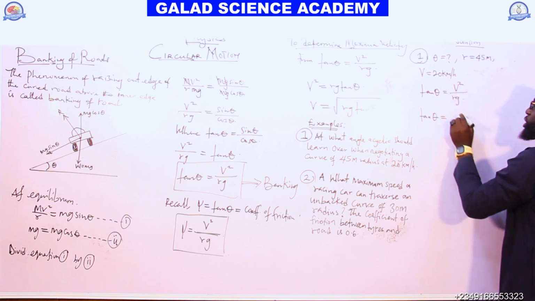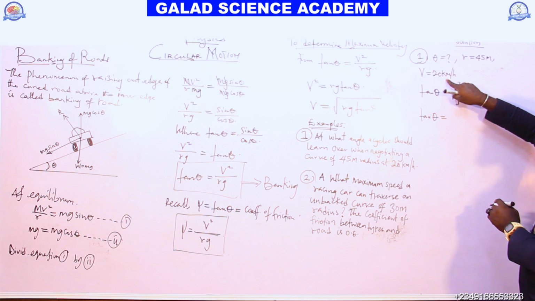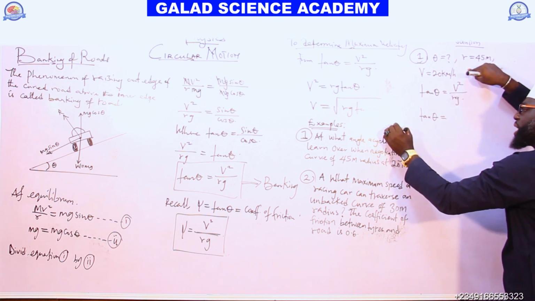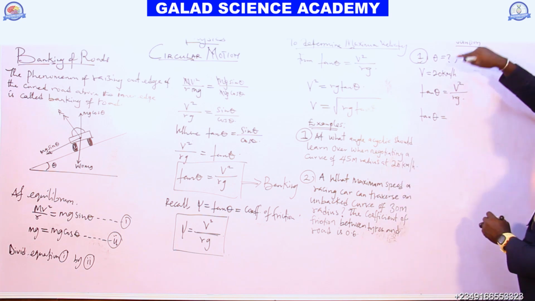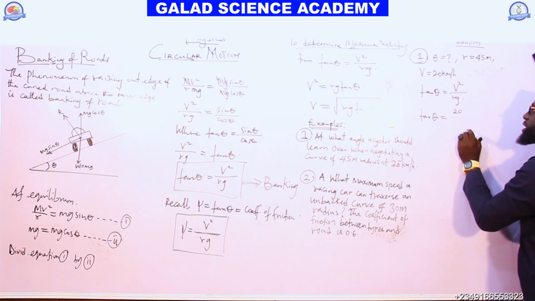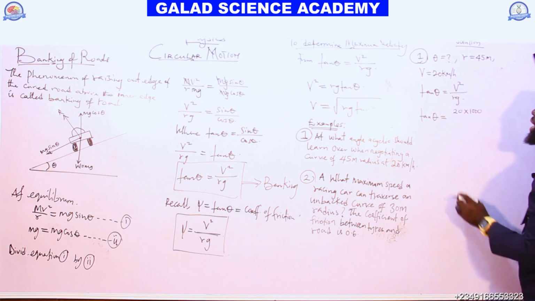You now have tan theta. My velocity is 20, but note that this 20 is in kilometers per hour. We need to convert to meters per second. So it will be 20 kilometers multiplied by 1000 per hour.